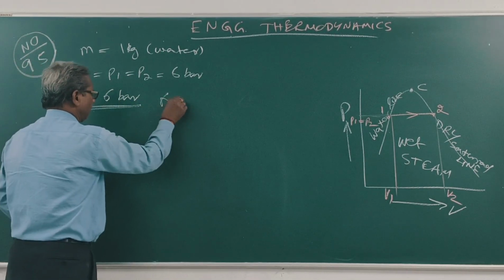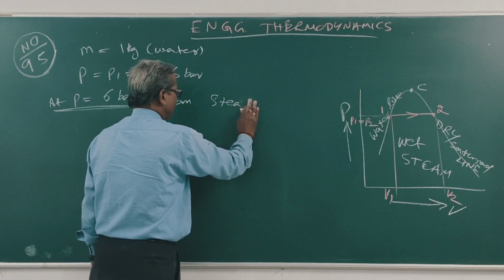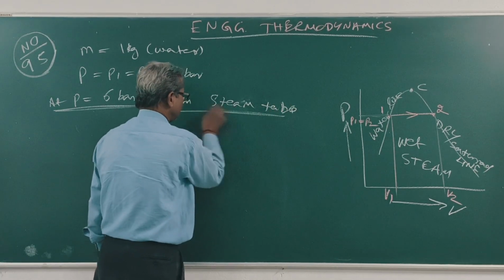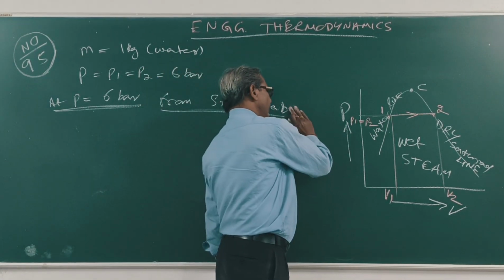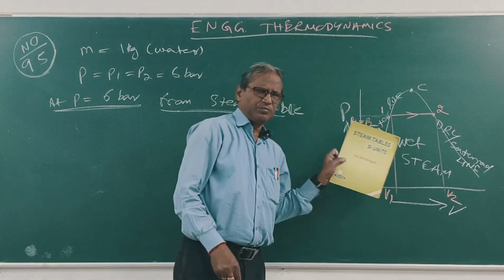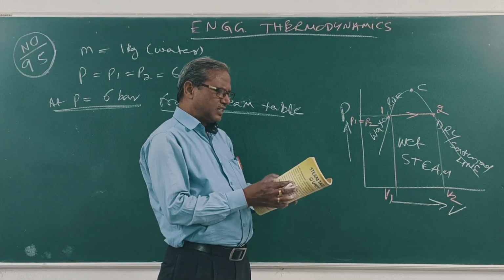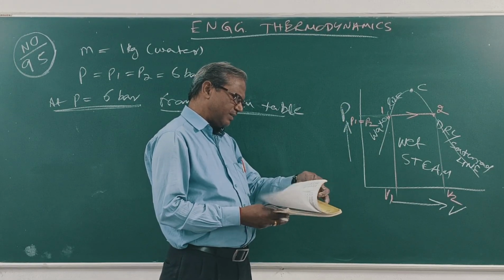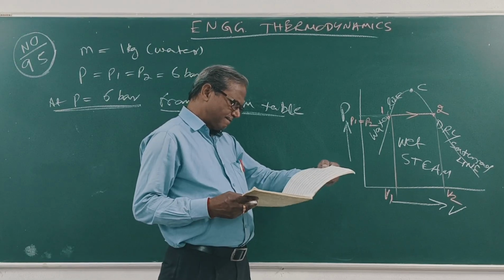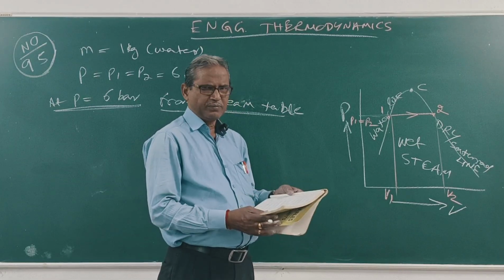From the steam table. Clear? It means you will use the steam table. This is the steam table. I use this steam table to solve the problem. At 6 bar, page number 15.